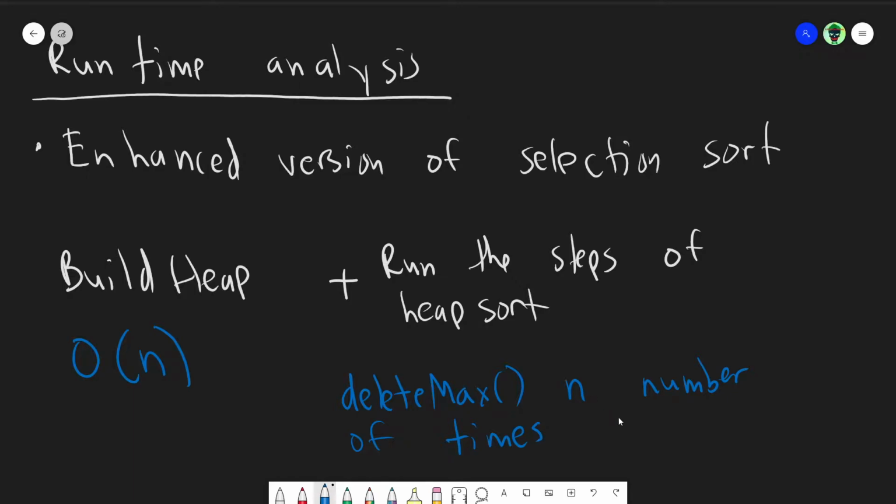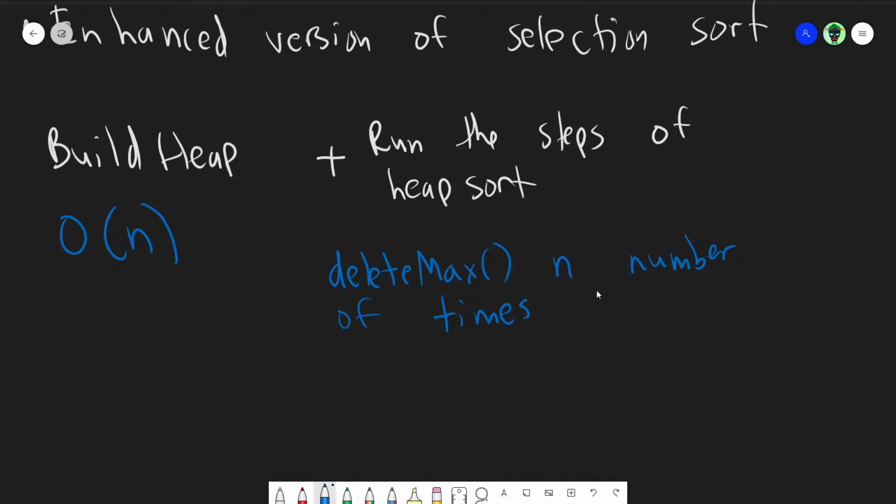But a better way of analyzing this is, the first time we do a delete max, it will take log base 2 of n. If we do delete max again, it's log base 2 of n minus 1, because we have one less element in our heap.